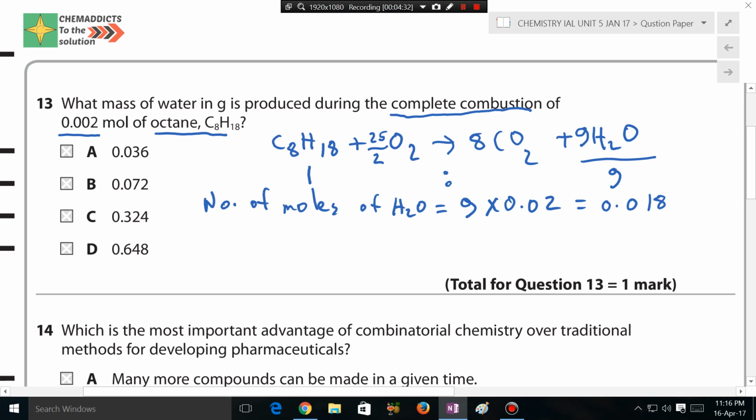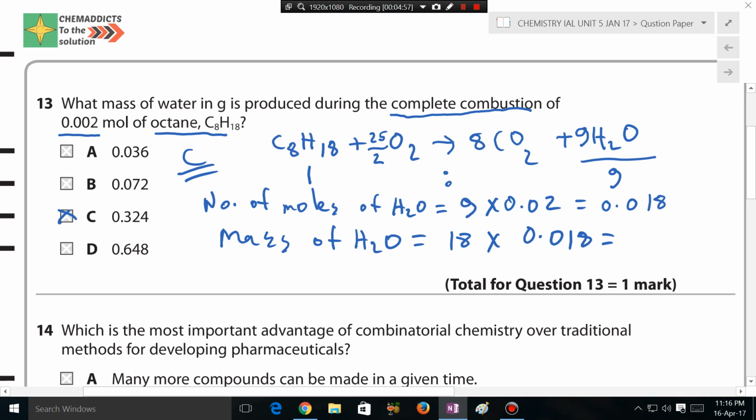Now we are going to find the mass of water. We know the molar mass of water is 18 grams, so 18 multiplied by 0.18 will give us this one, C. So the answer is C.